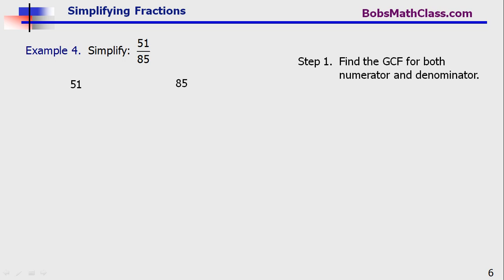So that means that 51 is 3 times some number, so divide 3 into 51, and you'll get 17. And 17 is prime. 85, let's see, not 2, not 3. Oh, 5, because it ends in a 5. So divide 5 into 85 so you can see how many times it goes into it.